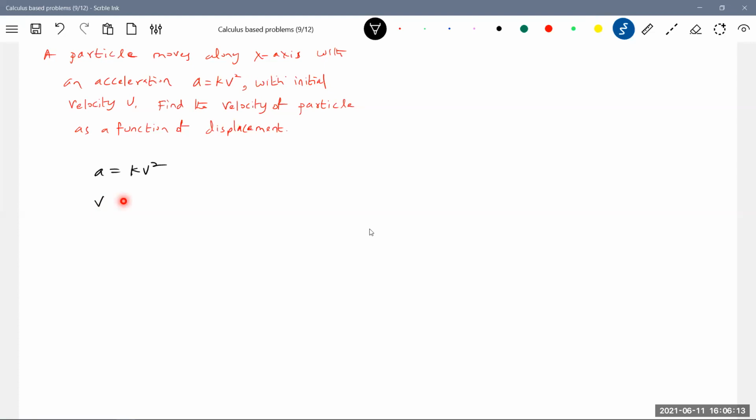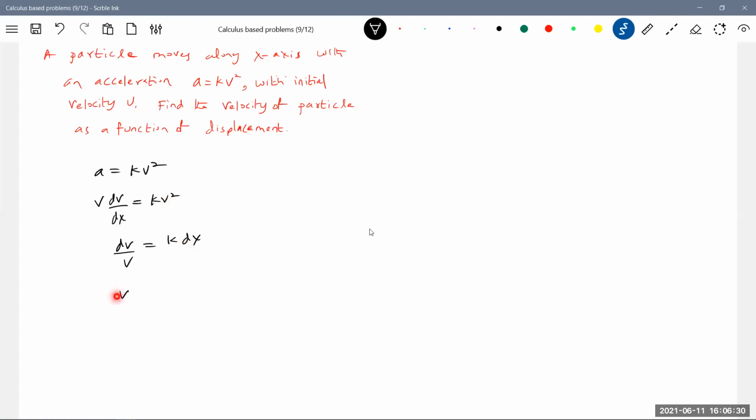So this acceleration, I'll write it as v dv by dx. One v will get cancelled, so dv equals v by k dx. One v on either side will cancel out, so we'll end up with this one.